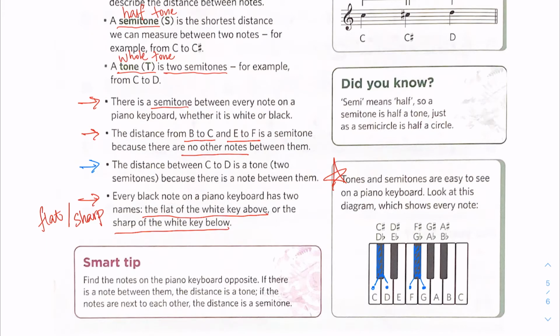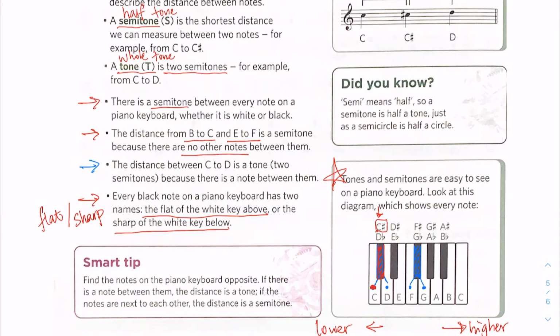For example, going back to this black key here, we call this black key a C sharp in relation to the white note C. This is C, and this black key here is higher than the C. On the piano, if you go to the right, you are going higher, and if you go to the left, you are going lower. So the black key is higher than the C. Therefore, we can name this black key as a C sharp.